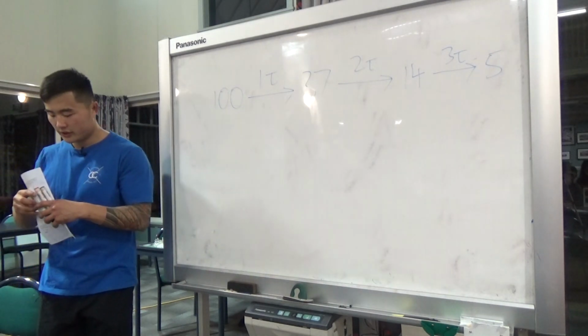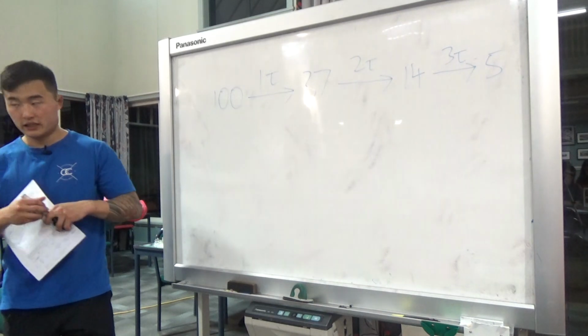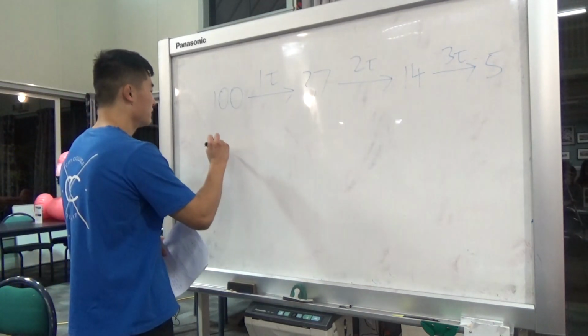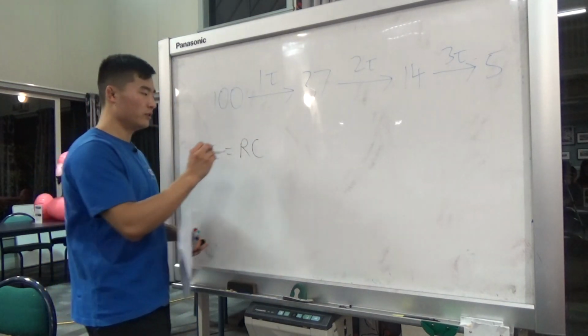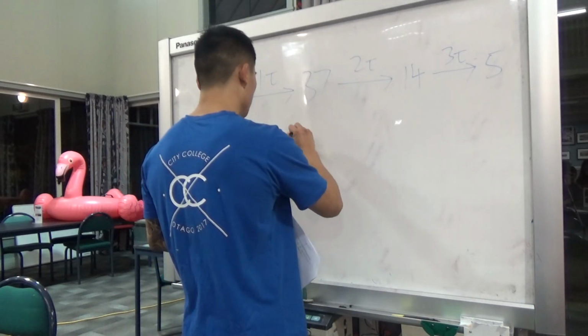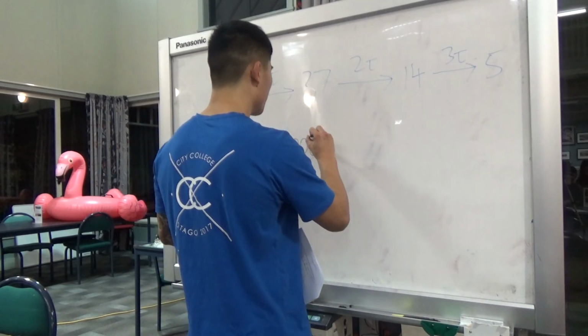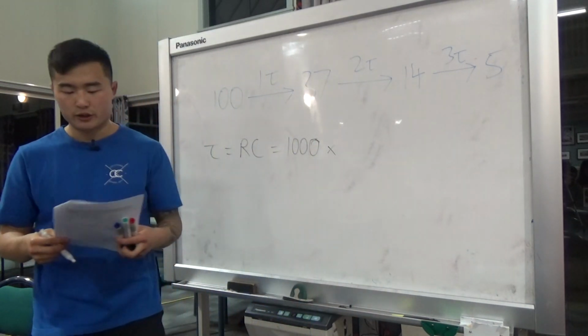So what you're going to do is find one time constant. The equation for the time constant is equal to RC. The resistance is 1,000 ohms, and the capacitance is 10 microfarads.